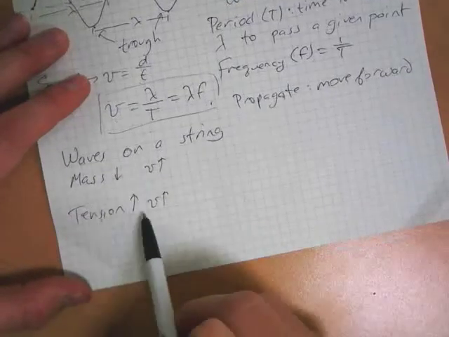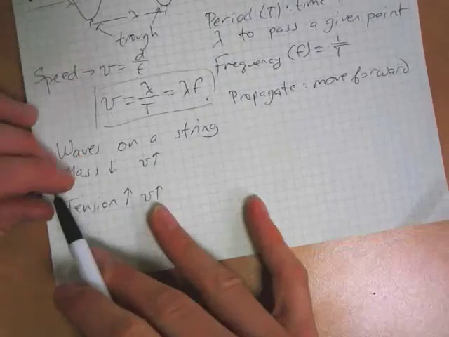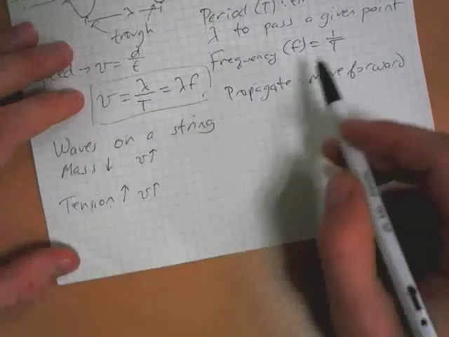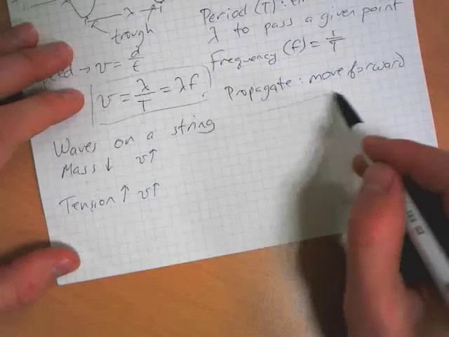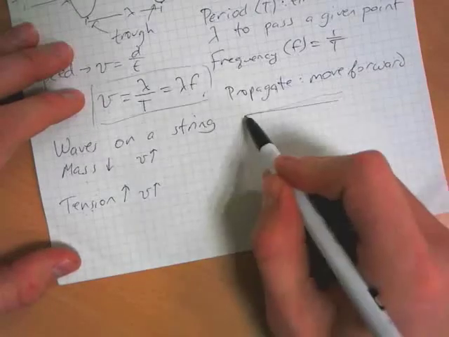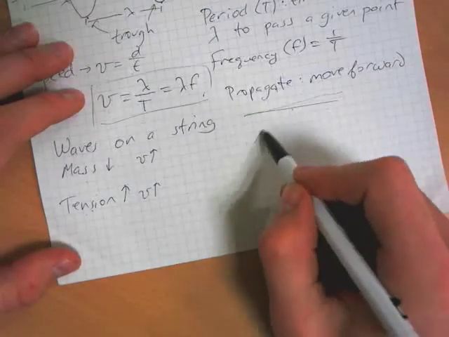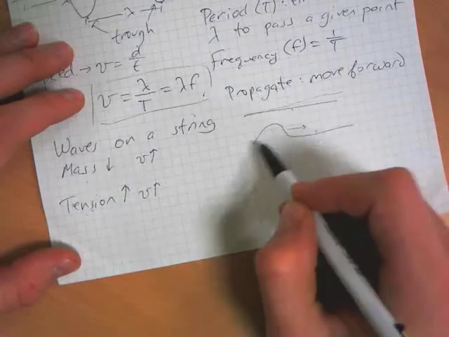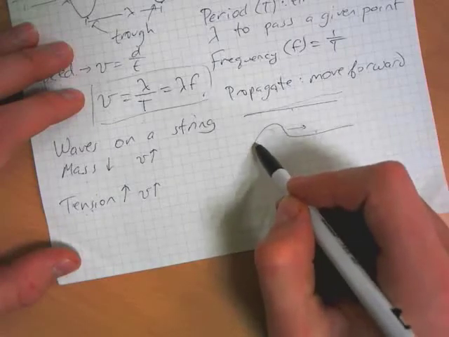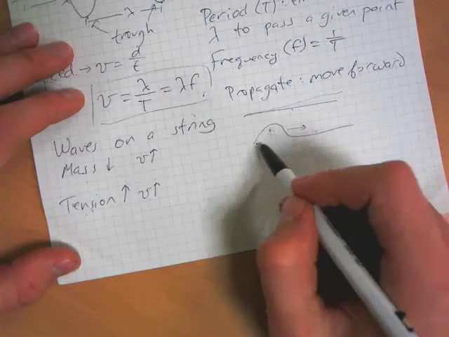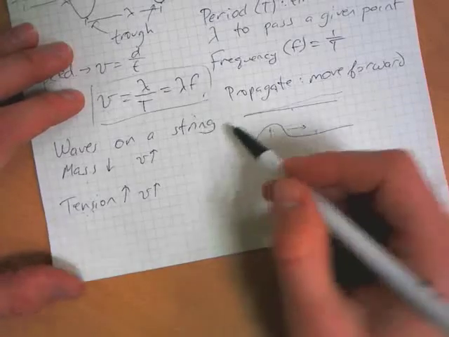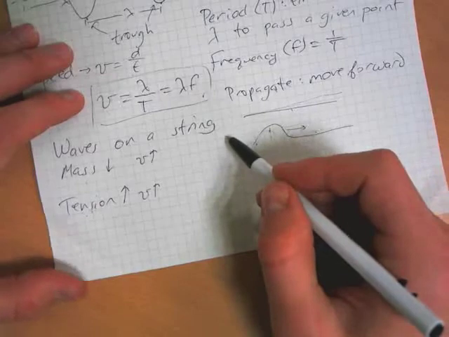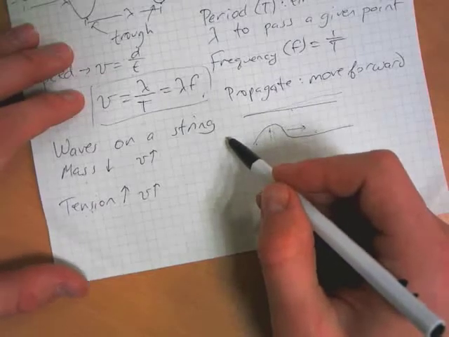So tension goes up, velocity goes up. For mass, the more mass the string has, the more inertia it has, and so the harder it is for it to have that wave pulse traveling down it. It takes more oomph, as it were, to get it to go up, and so that's why mass slows down a thing.